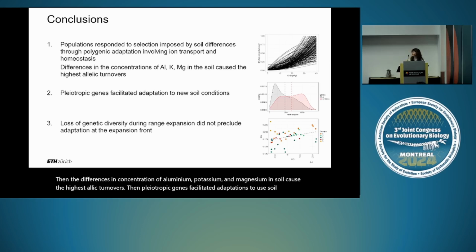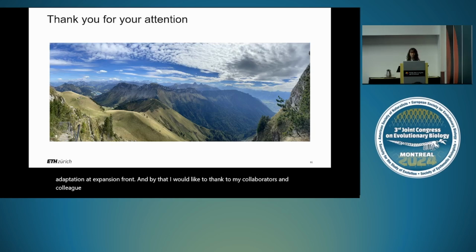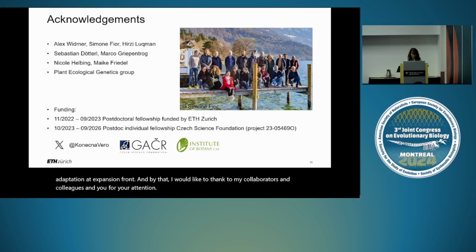And the loss of genetic diversity during range expansion did not preclude adaptation at the expansion front. And by that, I would like to thank my collaborators and colleagues, and you for your attention. I'm happy to take any questions.